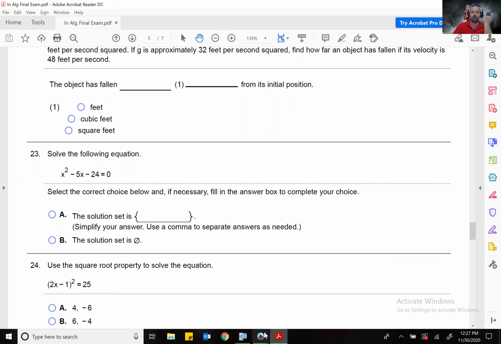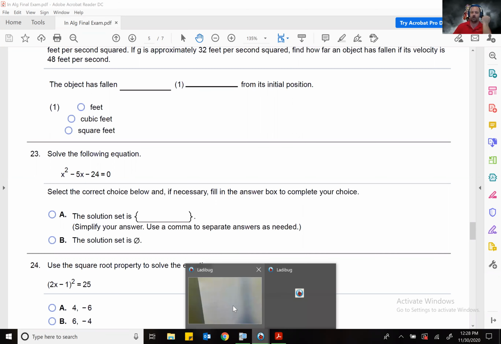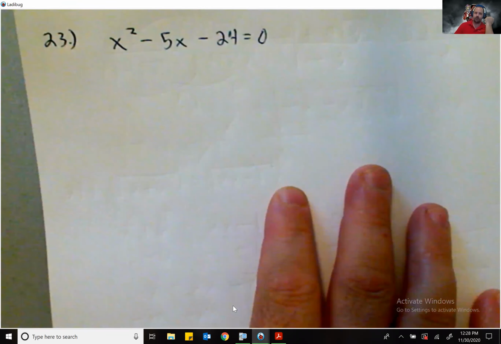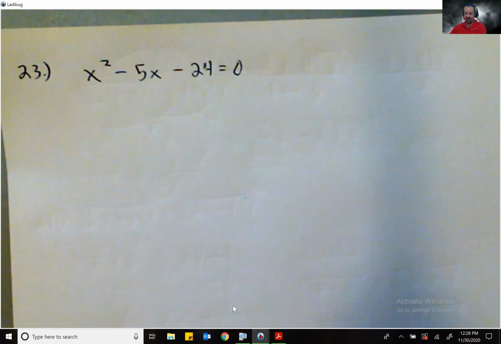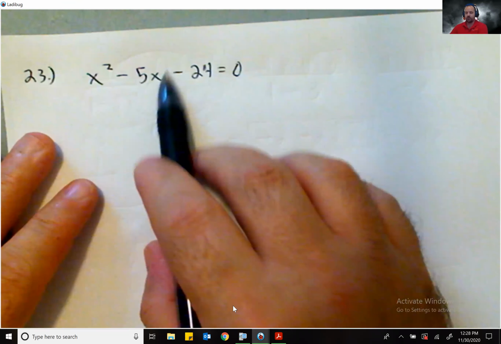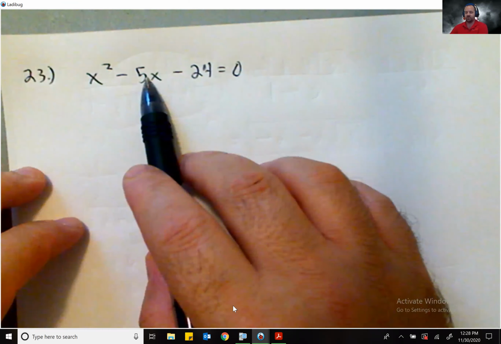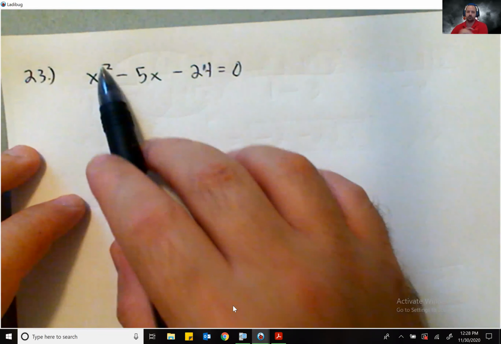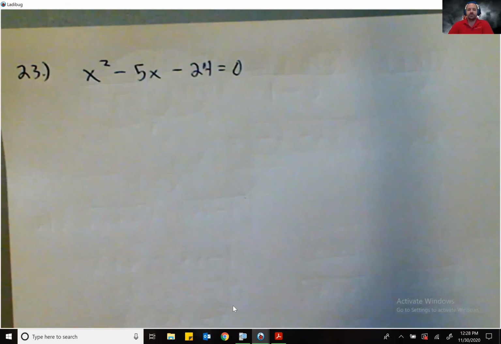So how do we want to approach this problem with solving this quadratic? We can't use square roots on this because I have an extra x here. The only time you can use square roots is just if you have a square. So that really kind of leaves us with graphing, factoring, or the quadratic formula. Factoring, okay.